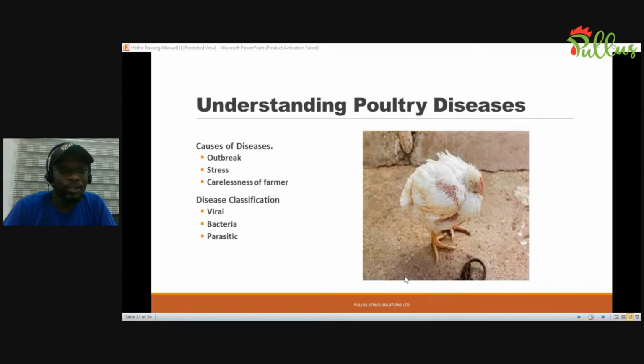These diseases are part of the causes that affect your profit margin, because they might result in some level of mortalities, which would also affect your profit margin. So we're going to be discussing these things so that you can understand how to detect them and know what to do as early as possible.